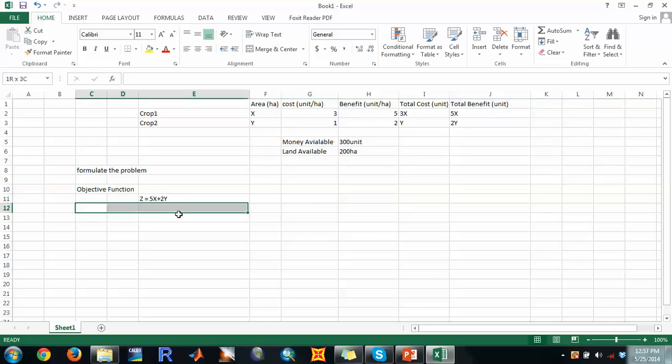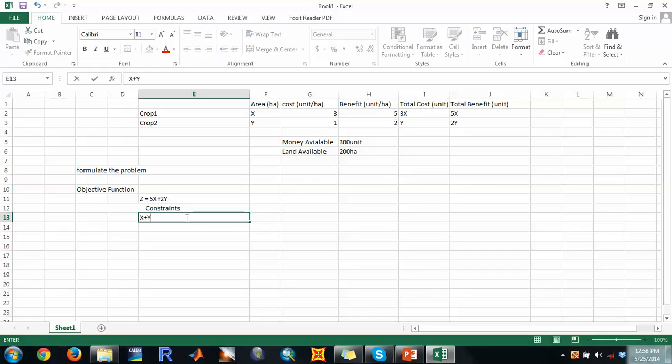But there are constraints. What are the constraints? One, the land is limited. For crop 1 we have area x, for crop 2 we have area y, so the total area should be x plus y.